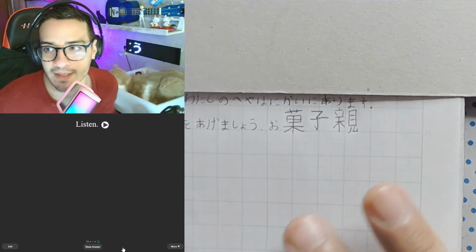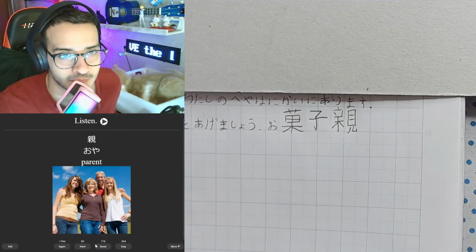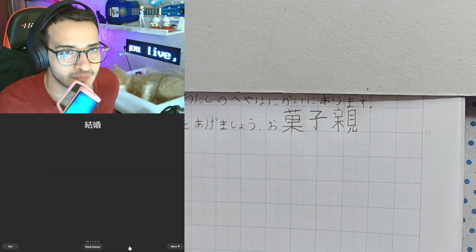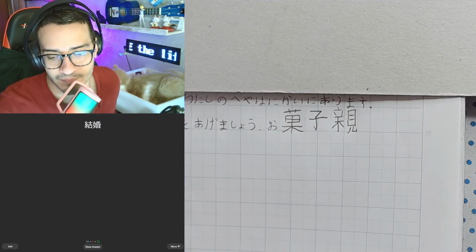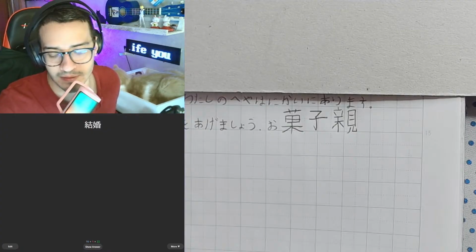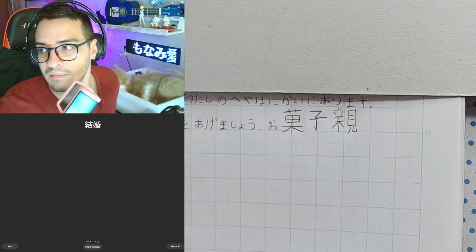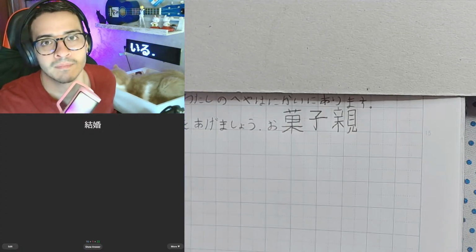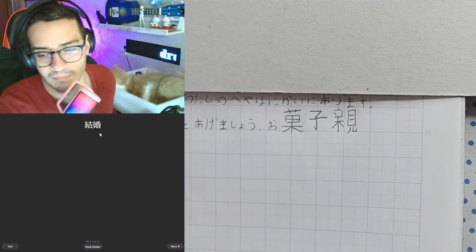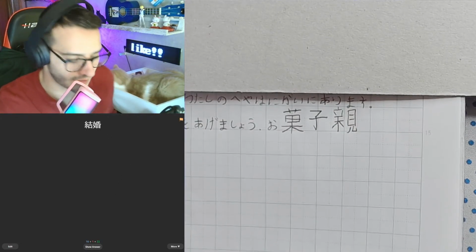They watch over us. Oh yeah, that's how I remember it. Parent. Easy. How do we read this kanji? This is nice. What? How do we read this kanji?